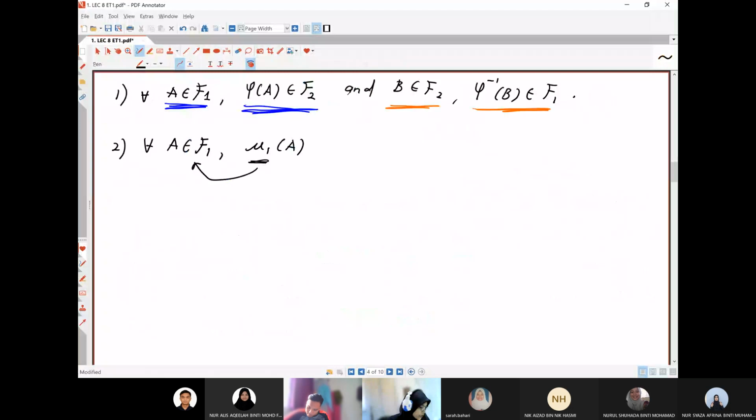So measure 1 of A is equal to measure 2 of the image of A. Since this is a 1-to-1 correspondence.